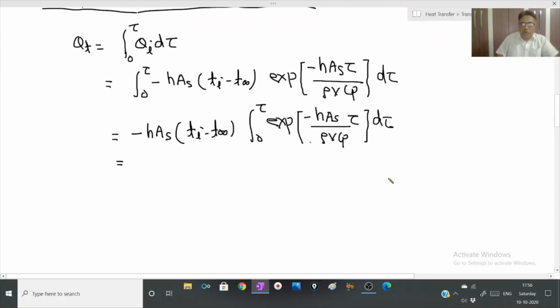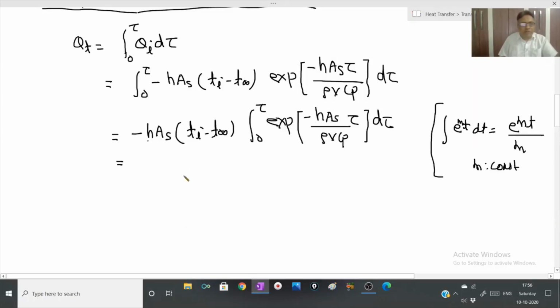So I know the integration of e to the power mt dt is nothing but e to the power mt over m, where m is any constant.